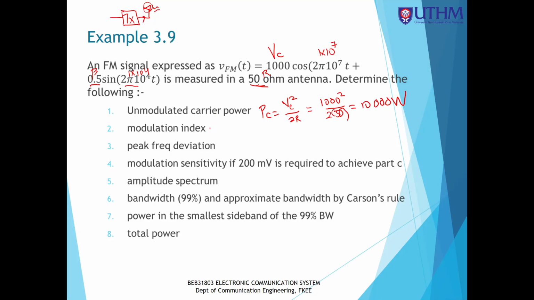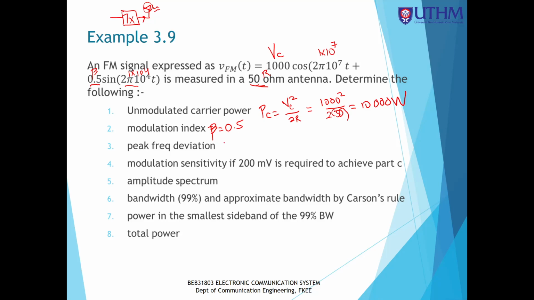Then the question asks about the modulation index beta. So beta, we already obtained this parameter from the question, which is equal to 0.5. And then what? Peak frequency deviation.